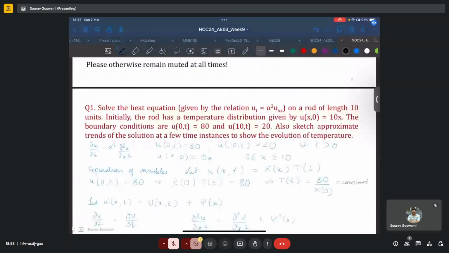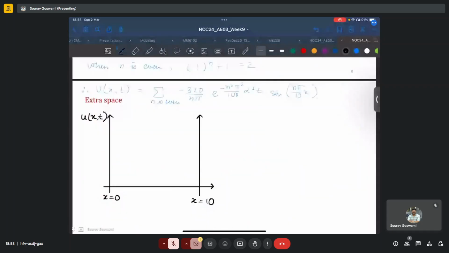So maybe 20, 80, and 100. This is u equals 20, u equals 80, and u equals 100.